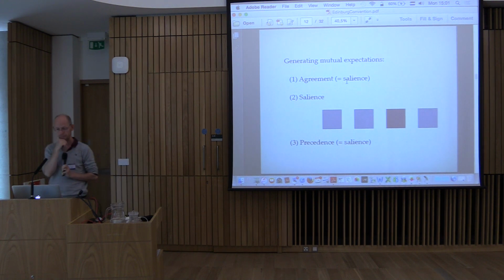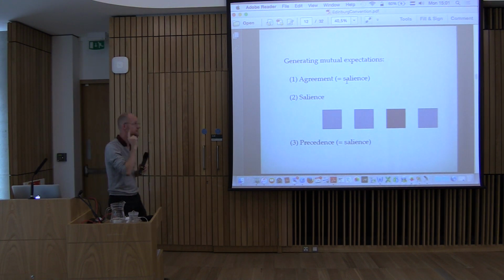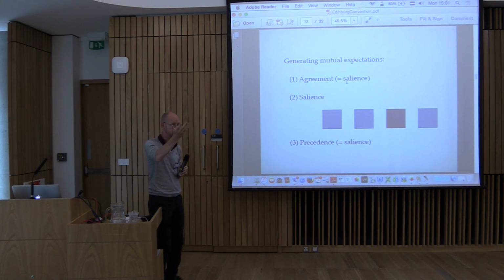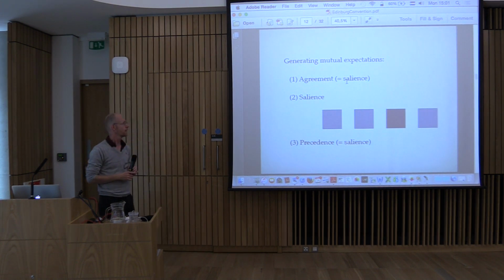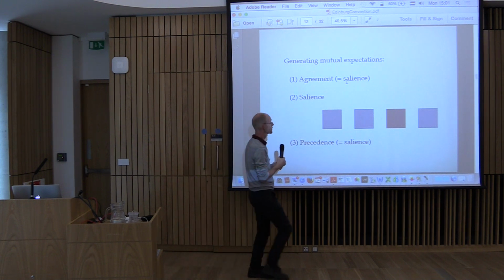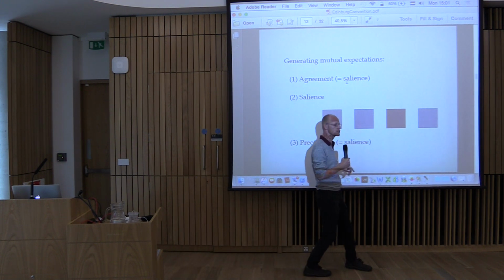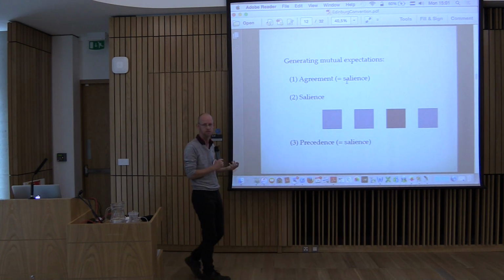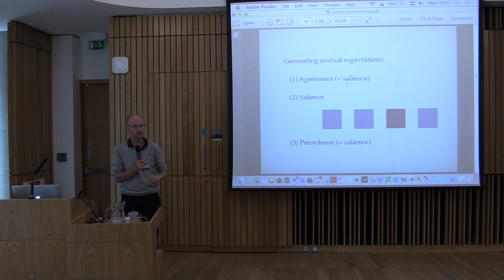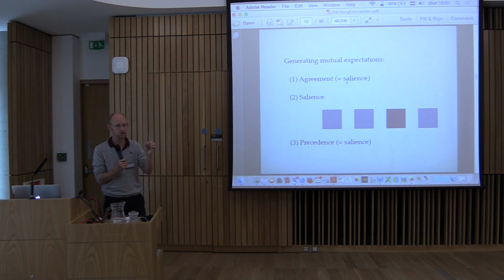Well, they can actually come from three sources, says David Lewis. They can be explicit agreement, which is actually a kind of salience. They can be salience. So if you both have to choose between those four squares, what would you choose? So that you only get value 1 if you both choose the same square.